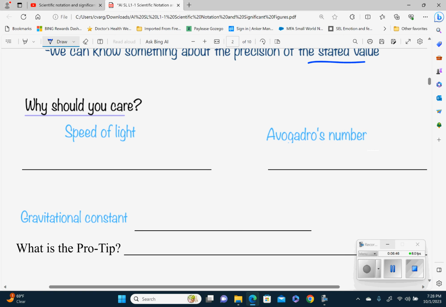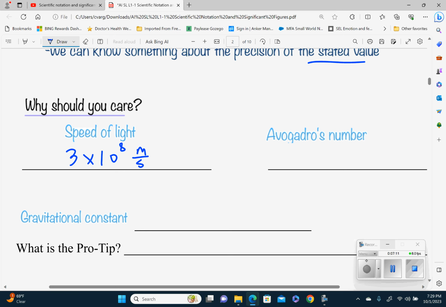So these are some numbers that might come up. Speed of light, you probably have heard about this in science or maybe even math. The speed of light is a very specific number, 3 times 10 to the 8th, and this is meters per second.